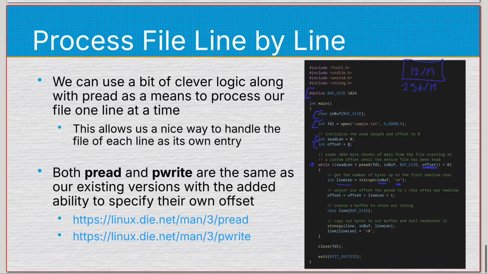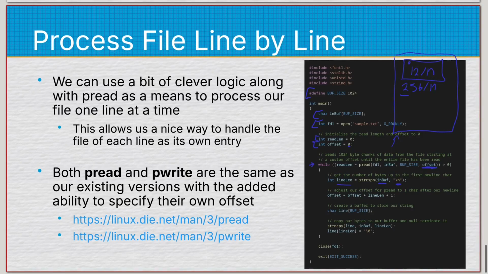So I get the line length of that, and I adjust our offset for pread to 1 character after a newline character. So my new offset, instead of being the 0 starting here, it'll be starting at this 256. Even though my original read has this large chunk of data, I want my next offset to not be way down here after all of what I just read. I want it to be 1 character after my first newline.